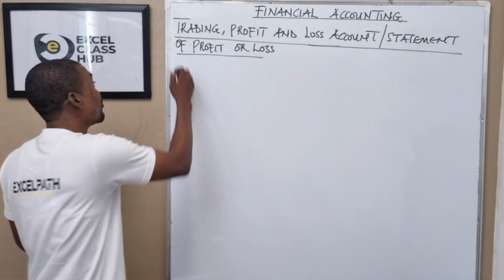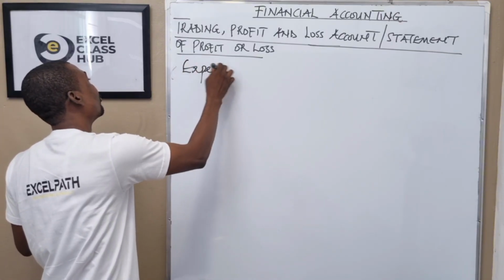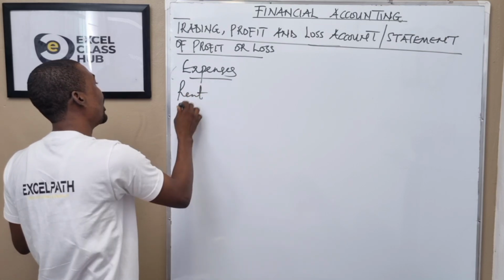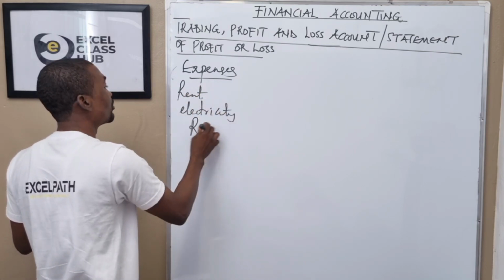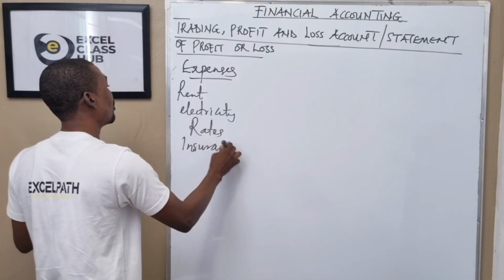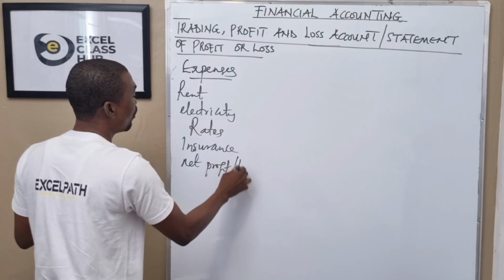So the items that can be found are basically expenses, like rent, electricity, rates, insurance, as well as net profit or loss.